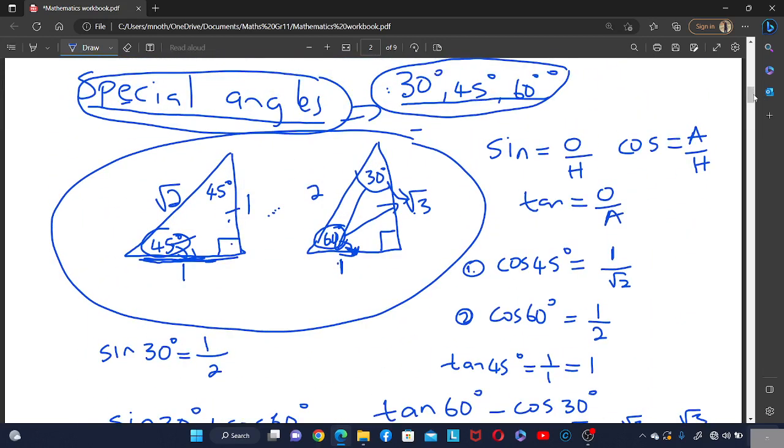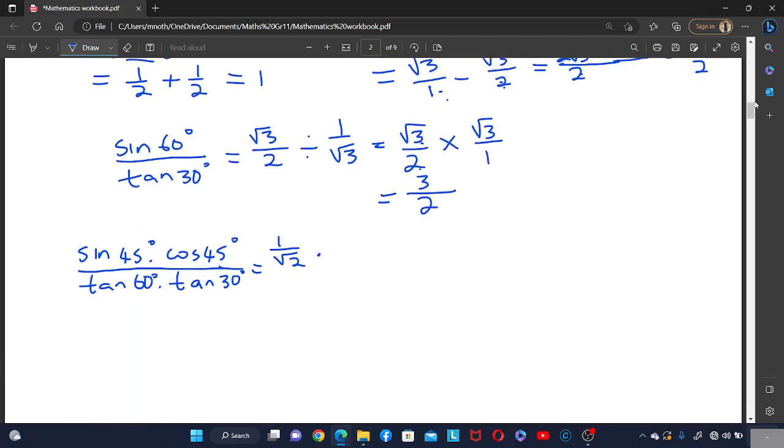Cos is adjacent over hypotenuse. So cos 45, this one is the adjacent over hypotenuse, so 1 over root 2.